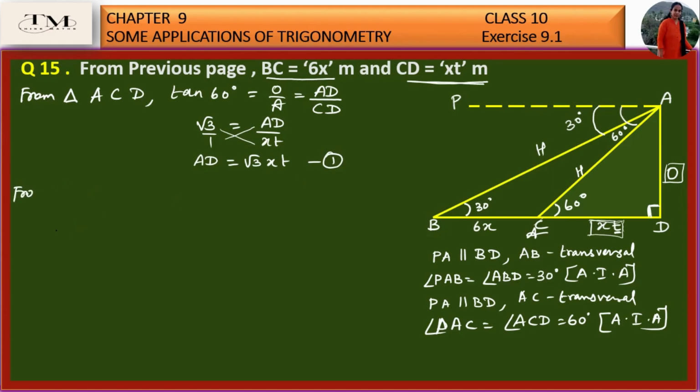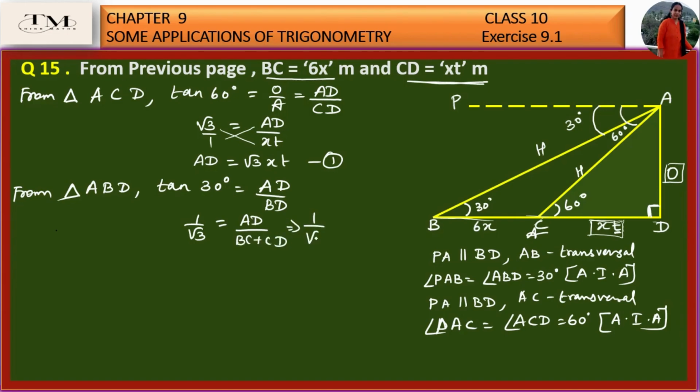Now from another right angle triangle, ABD, the bigger triangle, the opposite side is common and we know some values in the adjacent side. So we will take the tan ratio. Tan 30 degrees is equal to the opposite side AD divided by the adjacent side BD. Tan 30 is 1 by root 3. AD is not known. BD is BC plus CD.